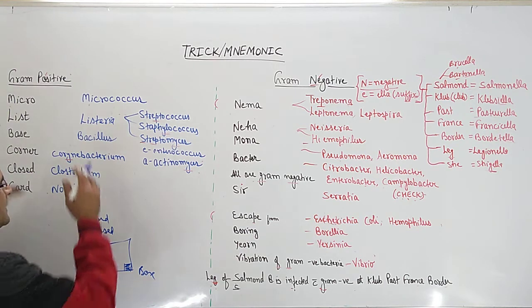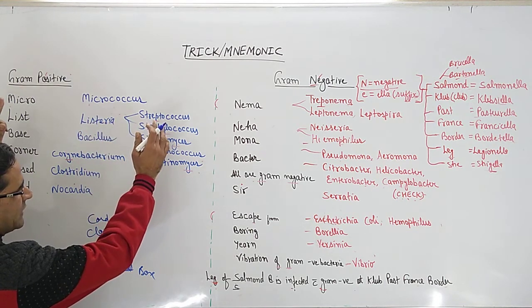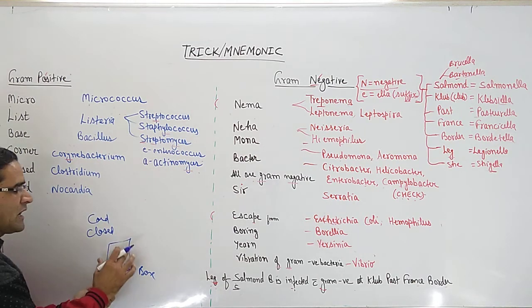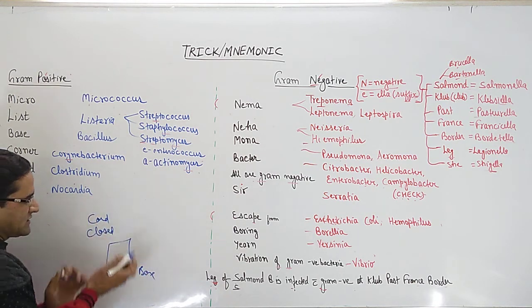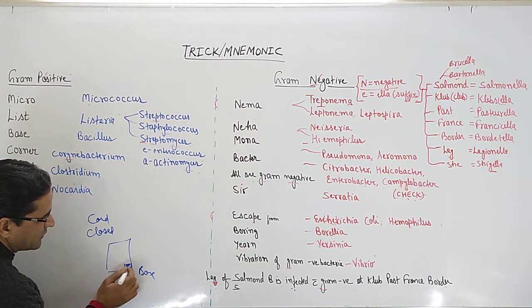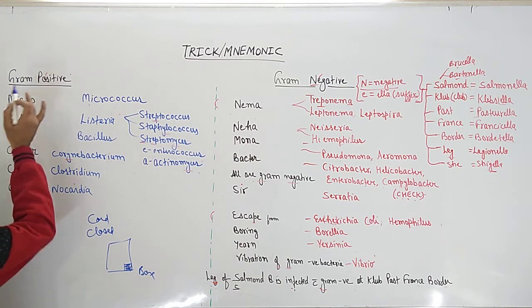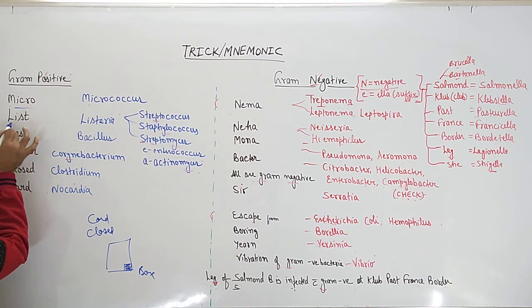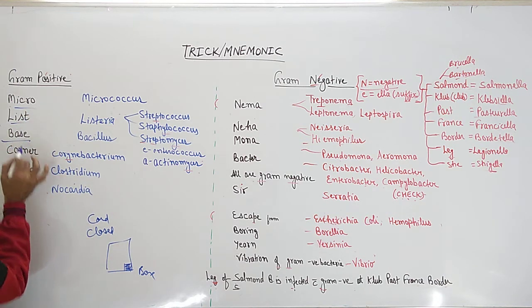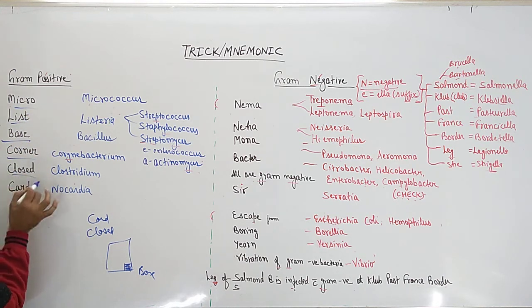Once again I am saying the list of gram positive microorganisms, it has been written on a card that is closed, and this list is written at the base, bottom of the card. Now we will start. Gram positive: micro, list, written as base corner of closed card. That's what I am saying.